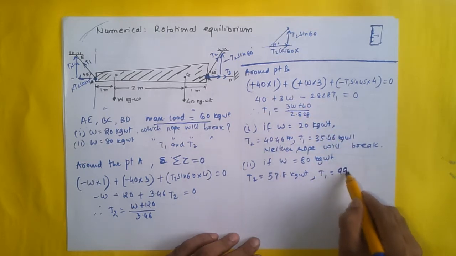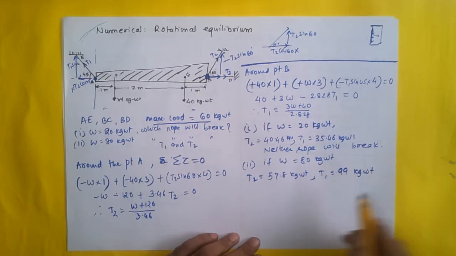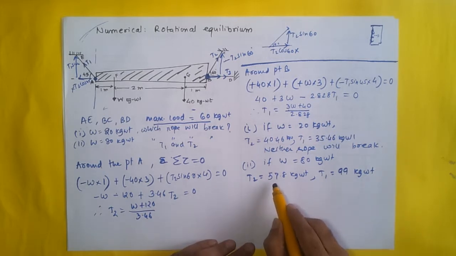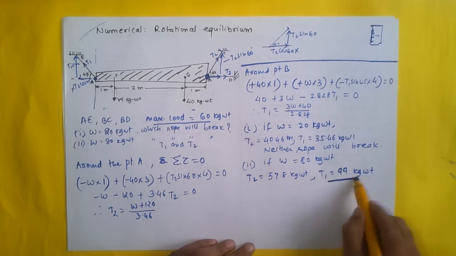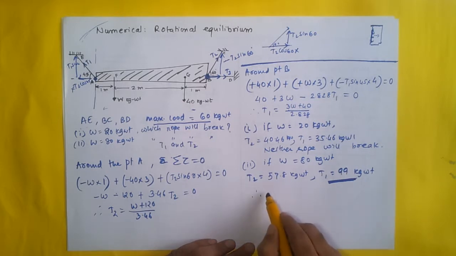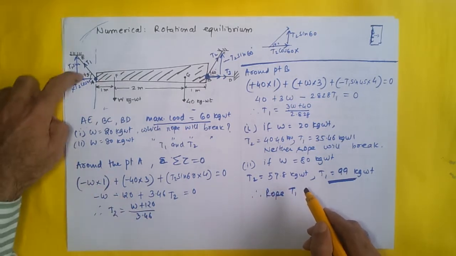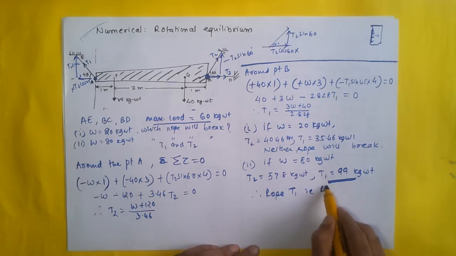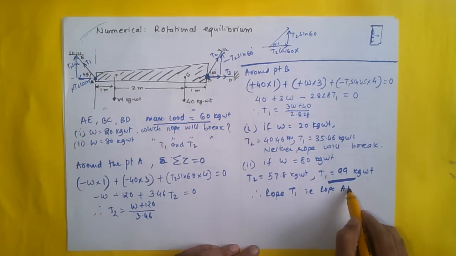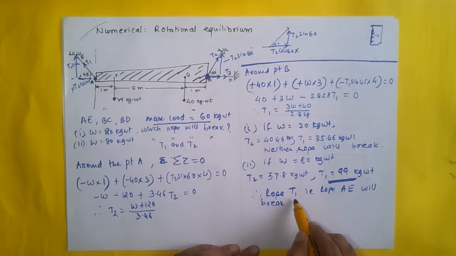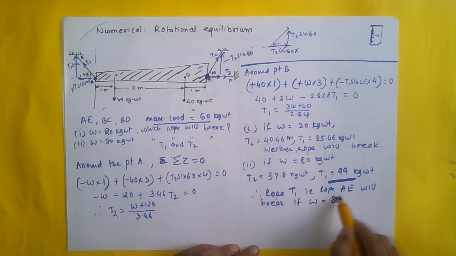This will give me approximately 99 kg weight. Again, I have not shown the calculations, I have already done that. And as you can see over here, this is below 60 kg weight, but this is above 60 kg weight. And therefore, we can say rope T1, that is rope AE, will break if W is equal to 80 kg weight.